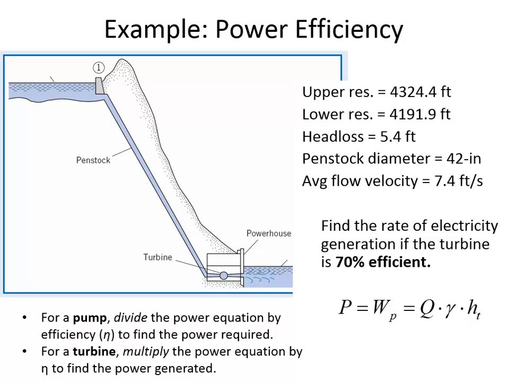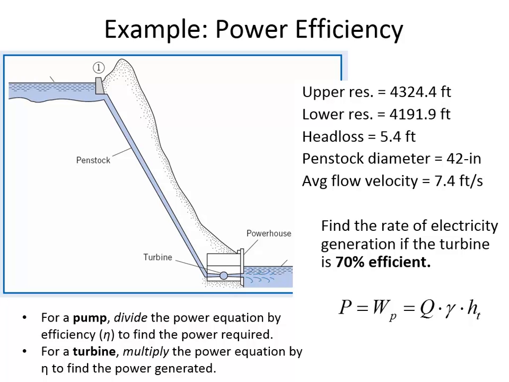If it's 70% efficient, should we divide by 0.7 to find out how much power we can generate, or should we multiply by 0.7? What makes the most sense? That this is how much if 100% efficient. But the problem statement says it's only 70% efficient. It's not 100% efficient.